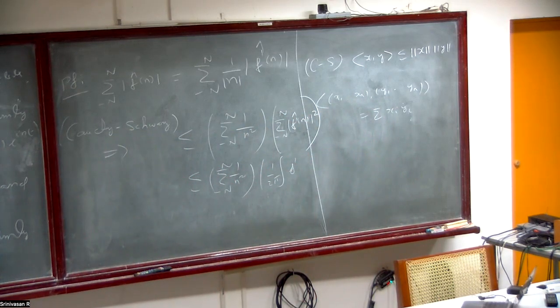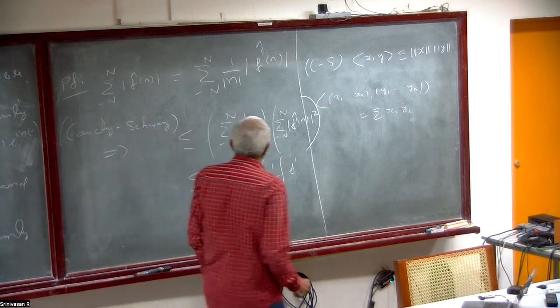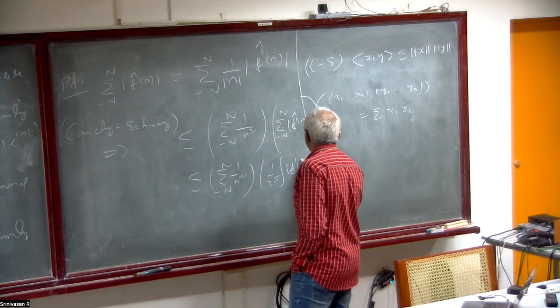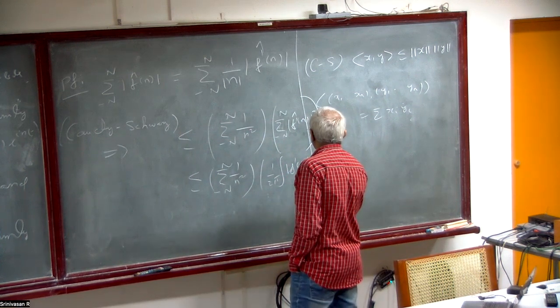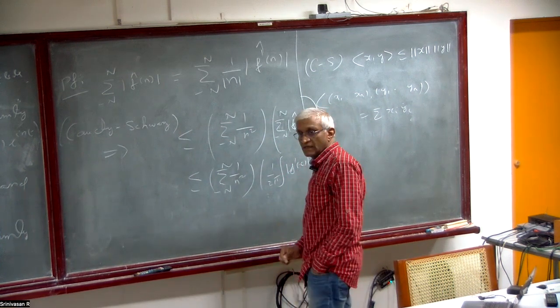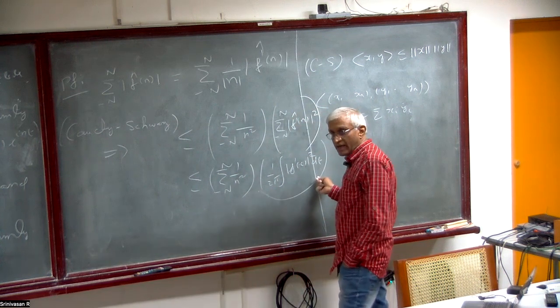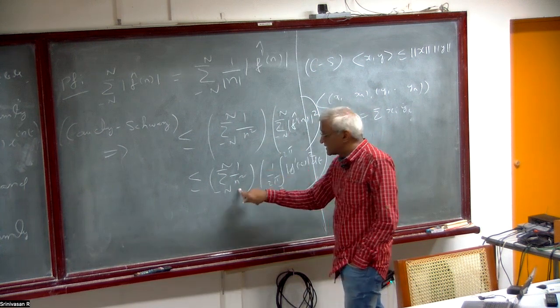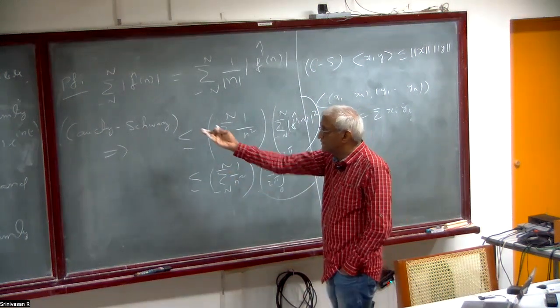The sum of squares of the Fourier coefficients is equal to that L2 integral. Because of that, this is equal to 1 by 2 pi times the integral of mod f prime t dt square. This is just a number depending upon f prime. And this is convergent as N goes to infinity.